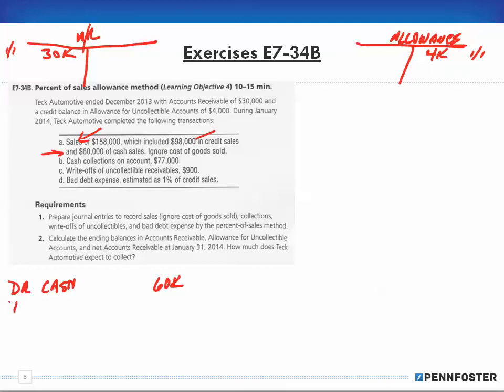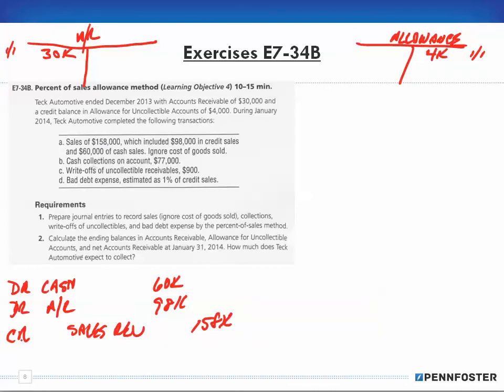So I'm going to debit my accounts receivable for the $98,000. Because remember, I ask myself, am I affecting cash? Yes. Then I ask myself, am I affecting accounts receivable or accounts payable? Yes. And then I back into debits must equal credits. So what am I doing? I'm making sales. So I have sales revenue for the $158,000, and that's my journal entry to record A.